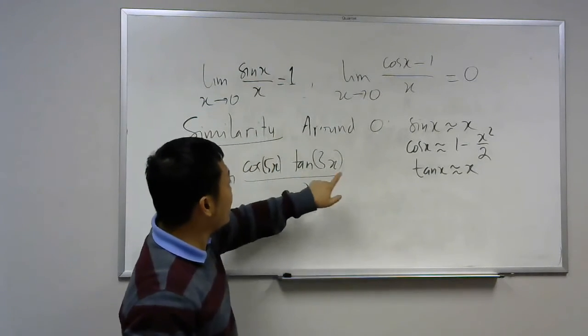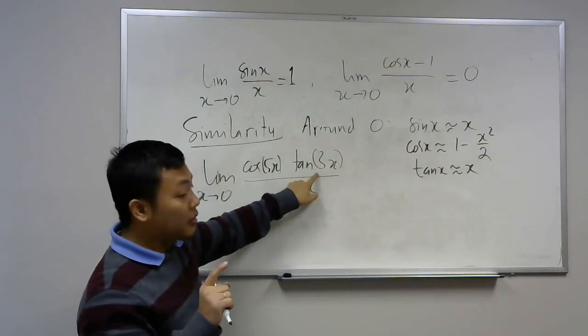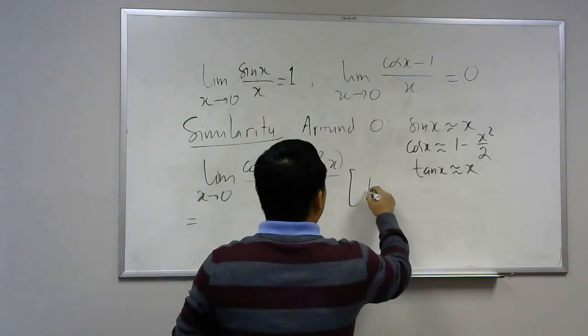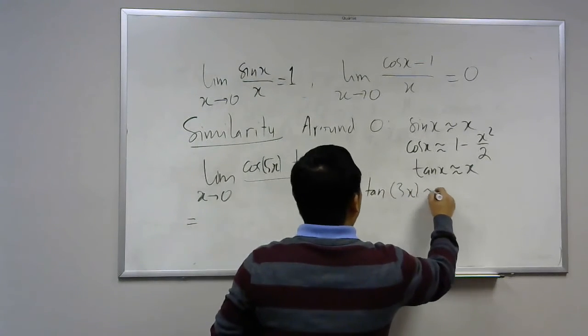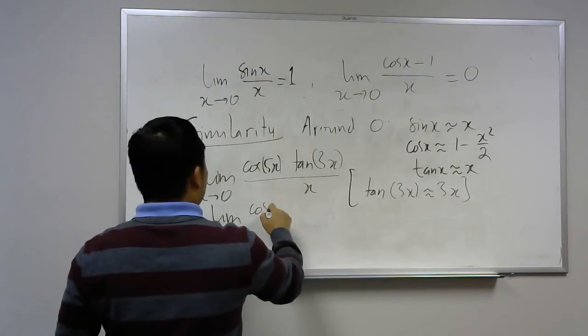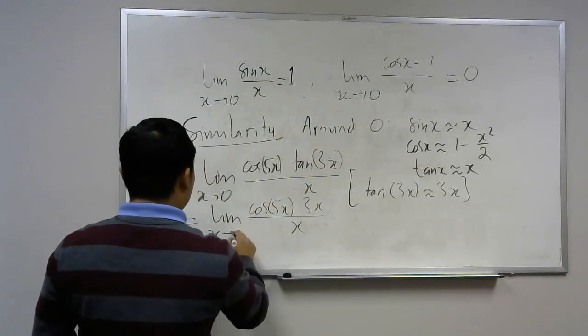Tangent x is similar to x, so this tangent 3x at 0 is similar to 3x, right? So this limit, right here, tangent of 3x is similar to 3x. So this is the limit of cosine of 5x times 3x over x when x goes to 0.